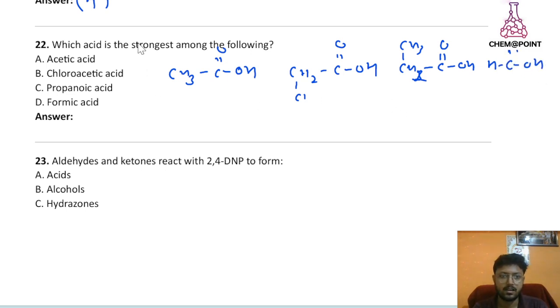The strongest among them is formic acid. Got it, my friend? Because of hydrogen, it does not show any plus I or minus I effects, nothing. That resonance takes place very easily. Answer is D.